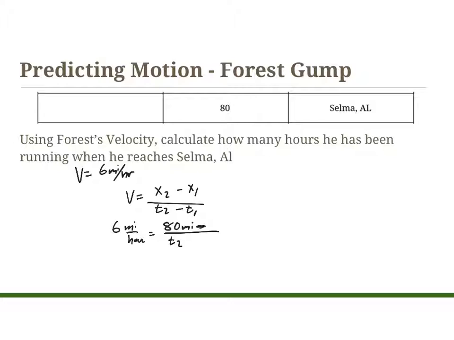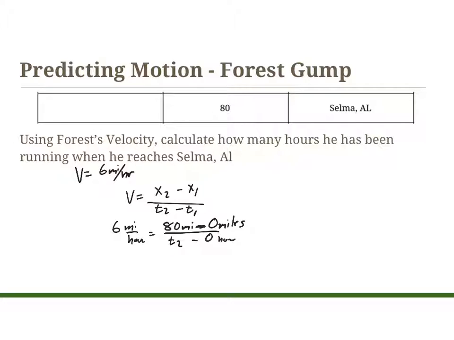I'm going to try to make this as simple as possible. So I'm going to go back to Greenbow, Alabama, and say that his initial position was 0 miles and his initial time was 0 hours, not seconds.